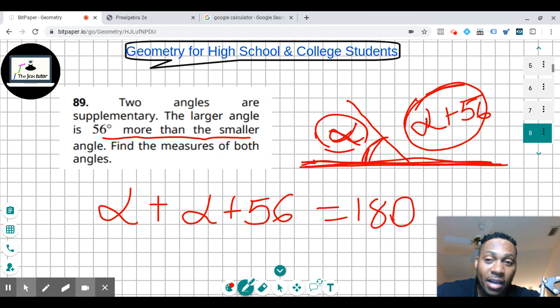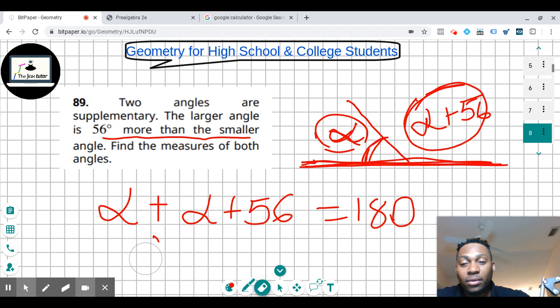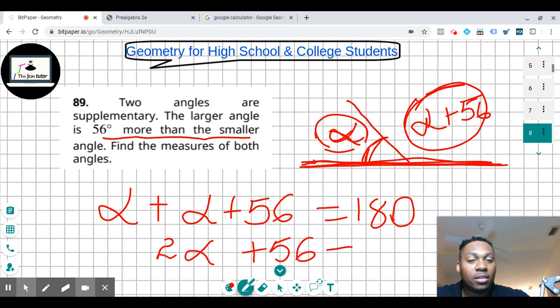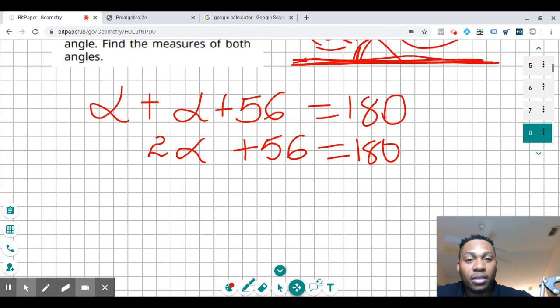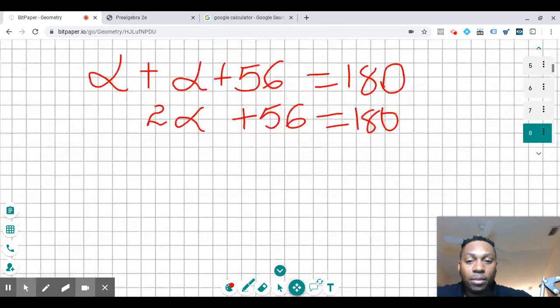Because we have one variable and one equation, we know easily how to solve for this. So we have 2 alpha plus 56 is equal to 180. Let me move the screen up a little so I can solve for this. Subtract 56 from both sides.